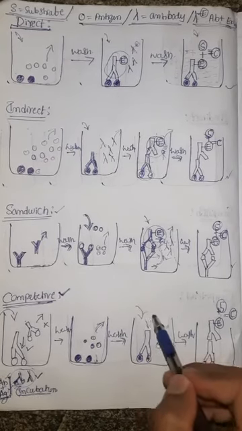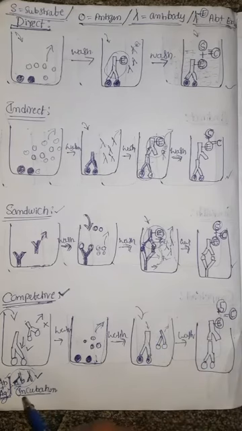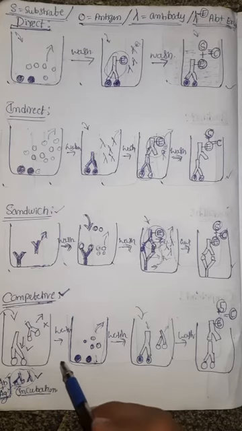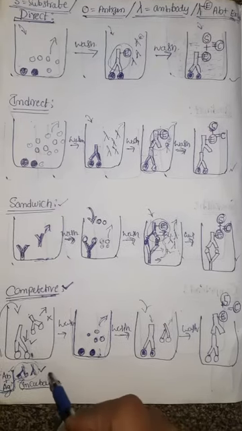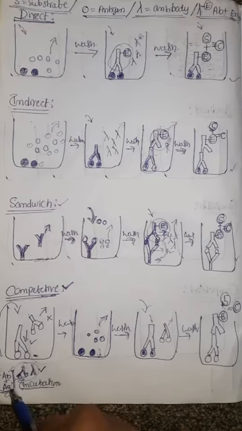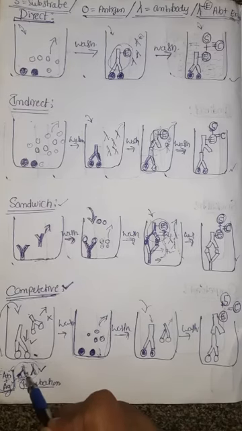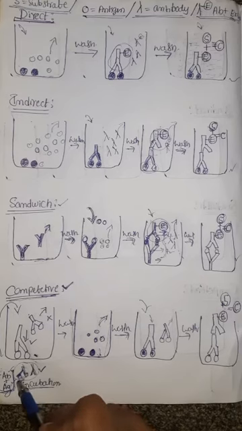In the second step we have to add these incubated antibody antigen complexes. Here there will be two probabilities. Whenever we incubate antibody and antigens in one test tube, with the help of paratopes and epitopes, they are attached together and form one complex. But it depends on the concentration ratio of antigen and antibody.